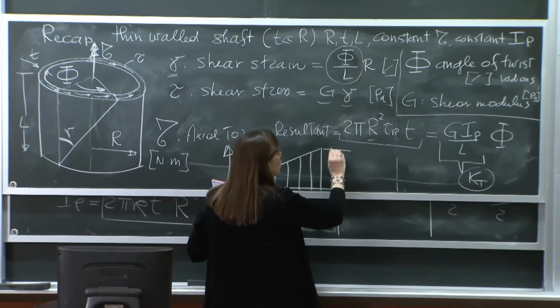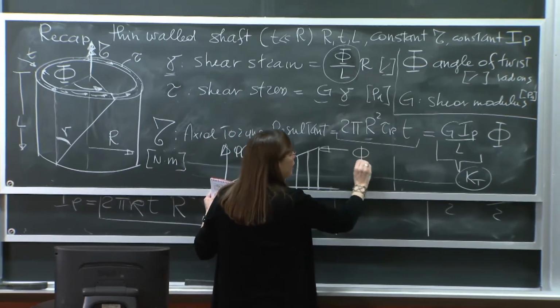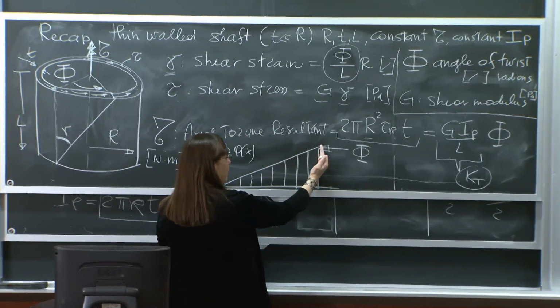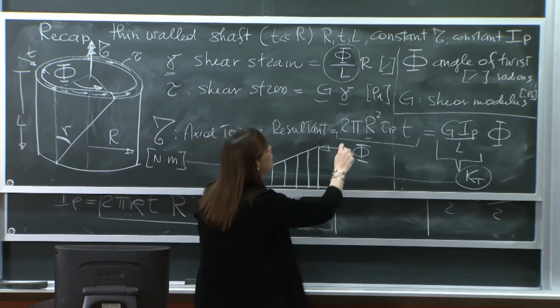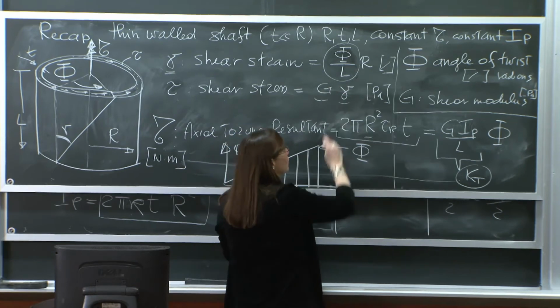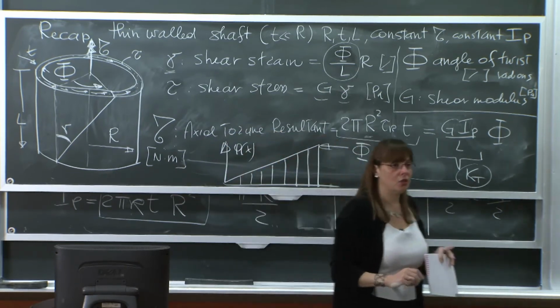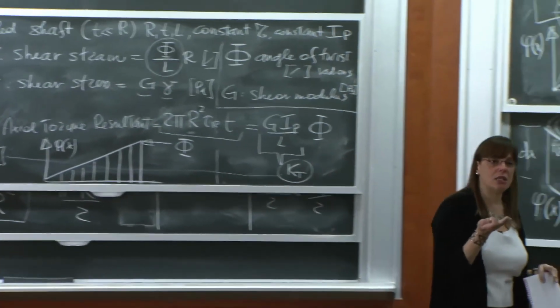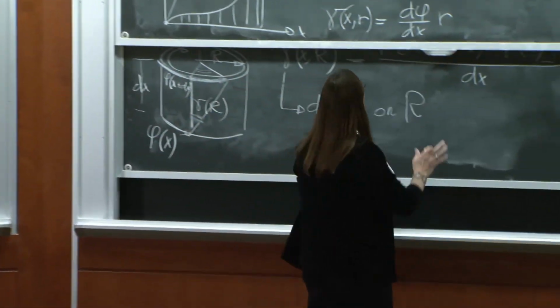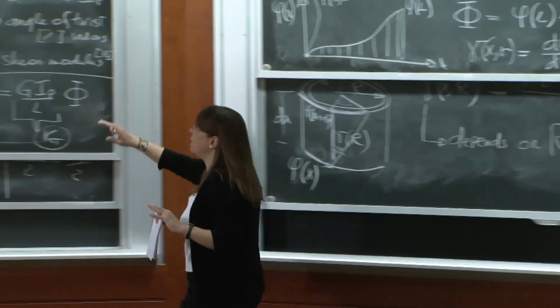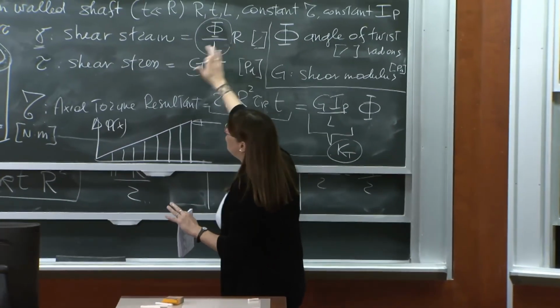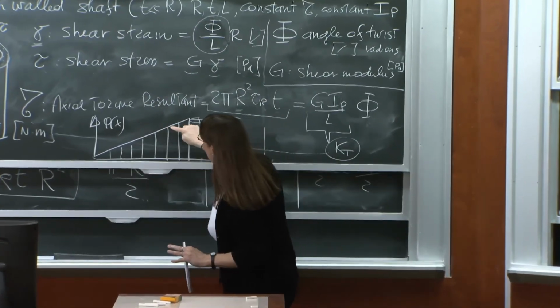And because this is my angle of twist phi, because it's phi of L minus phi of 0, then in this special case, d phi dx becomes phi over L. You see, because d phi dx is constant. So this relationship here is the same as this relationship here for the special case in which d phi dx is constant.